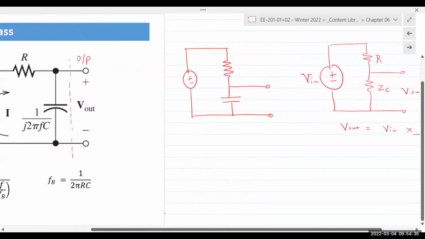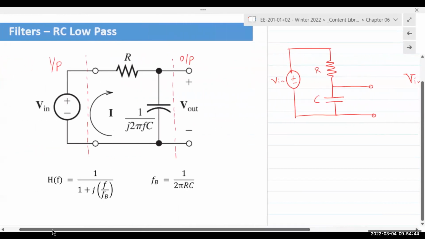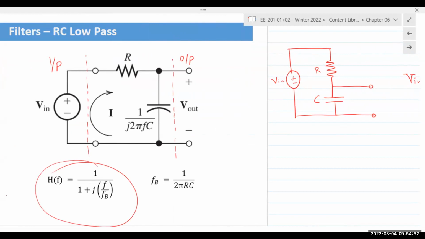And then when we take V out over V in to determine the transfer function, we come up with this equation, which is 1 over 1 plus j f over FB. There are some terms in there that are manipulated to actually put it in this form. FB is defined as the break frequency or the transition frequency. It is also known as the cutoff frequency. Okay, cutoff frequency. So in other classes, or other books, you might come across the term FC. So FC stands for cutoff.